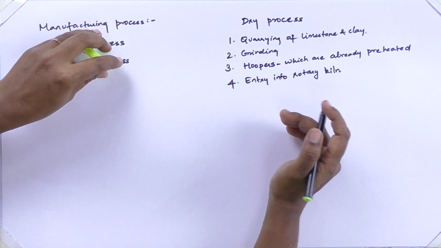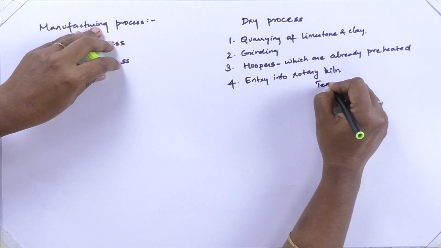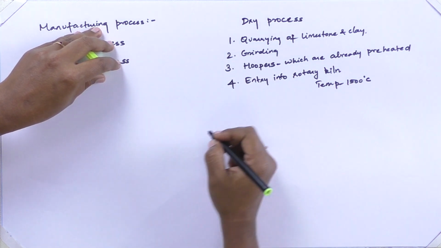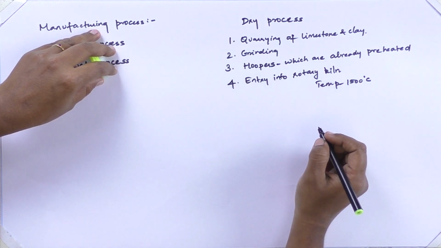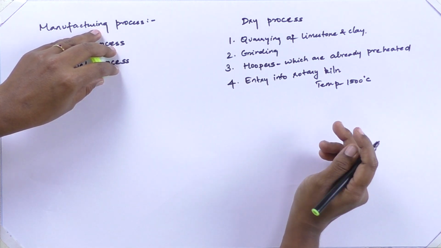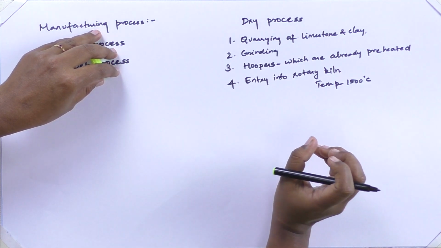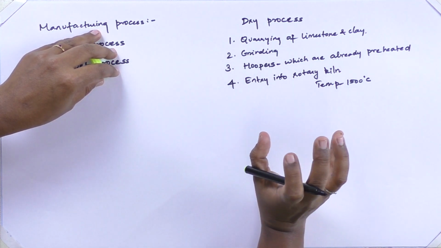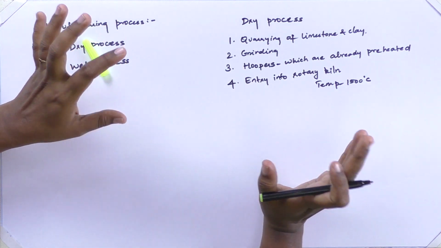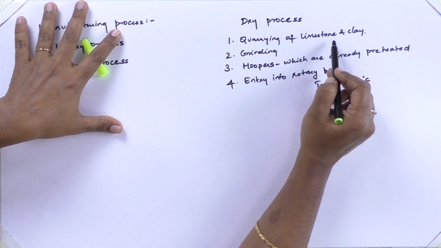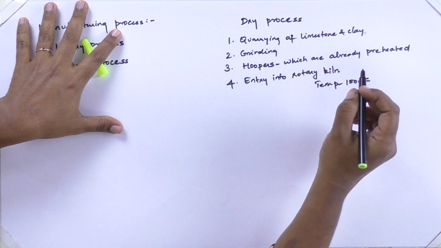In the rotary kiln, the temperature will be around 1500 degrees Celsius, where the material sinters, that is, without melting the materials, just by heating we are combining the two materials, the main materials being limestone and clay.